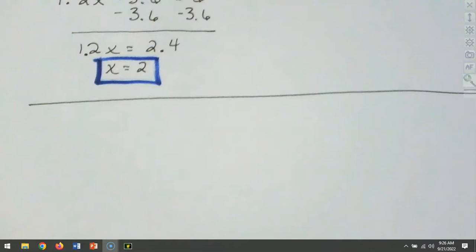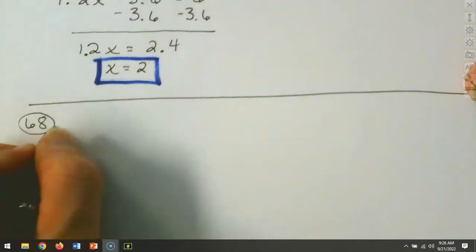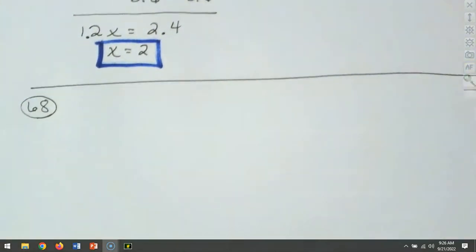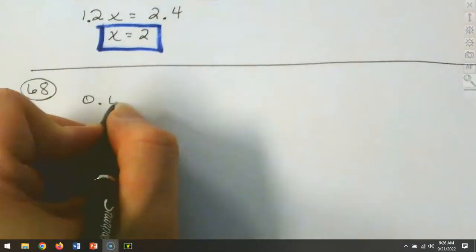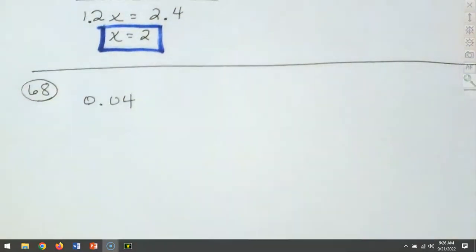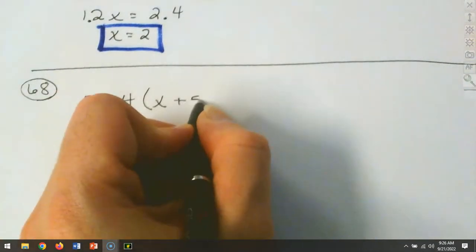That one gave us an answer. Let's look now at 68. Okay, question 68. 0.04, remember I put the 0 in front there, times the x plus 5.